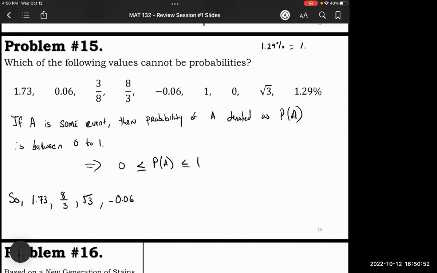So 1.29 divided by 100 is 0.0129. Is it greater than 1? No, it's less than 1. It's close to 0, but it is a probability value. So the only values that are not probabilities are negative 0.06, the square root of 3, 8 over 3, and 1.73. And we're done.